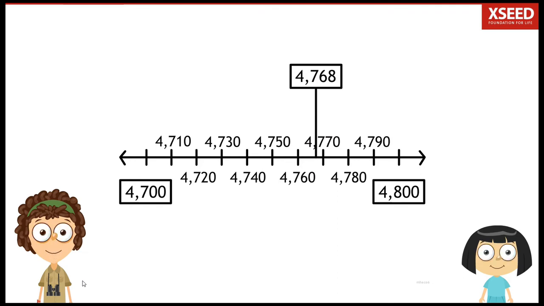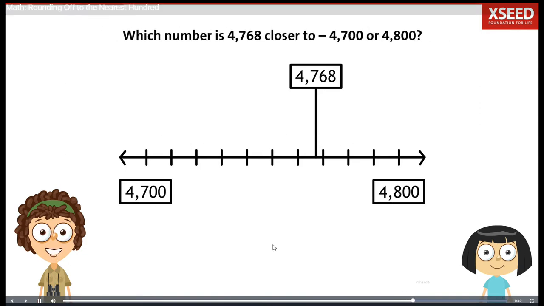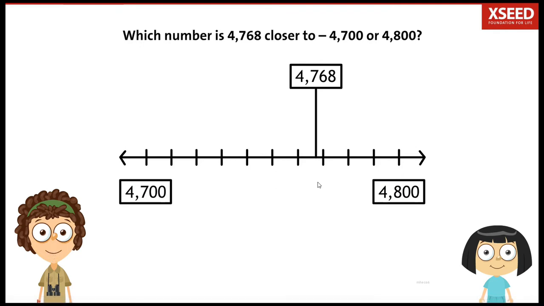Since 4,768 is closer to 4,770, we will plot it closer to 4,770. Which number is 4,768 closer to? 4,700 or 4,800?